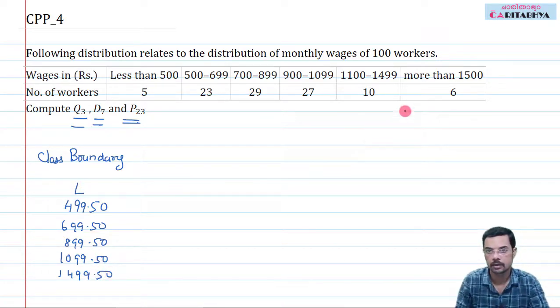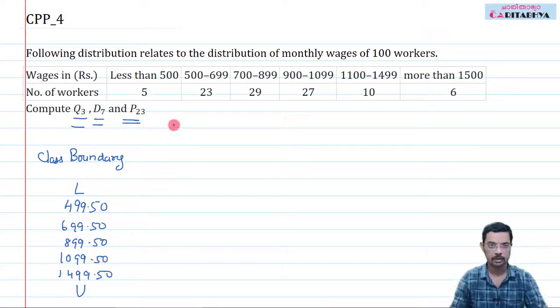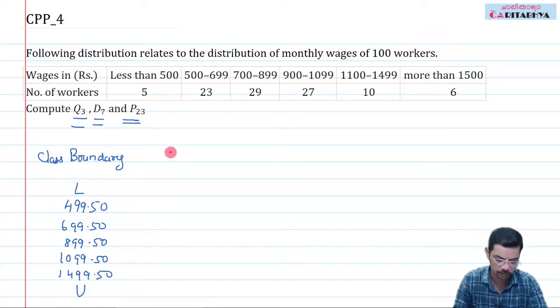And after 1499.50, there are some more items, so the upper boundary point is not known to us. Let it be U. Now the corresponding cumulative frequency, that is the less than type cumulative frequency, less than type CF.